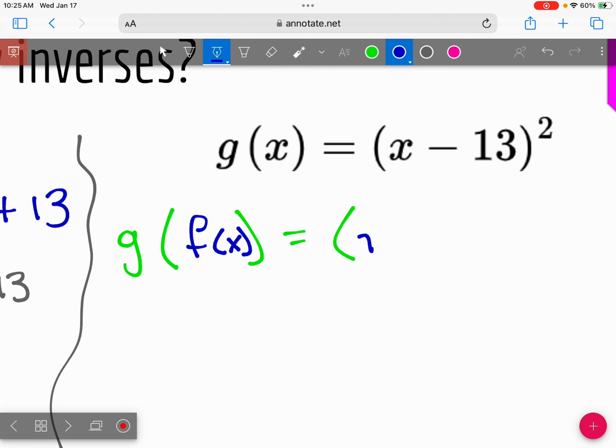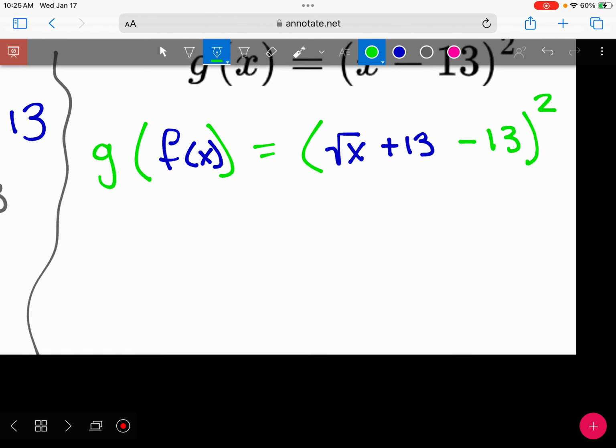So we're going to put our square root of x plus 13, minus 13 squared.